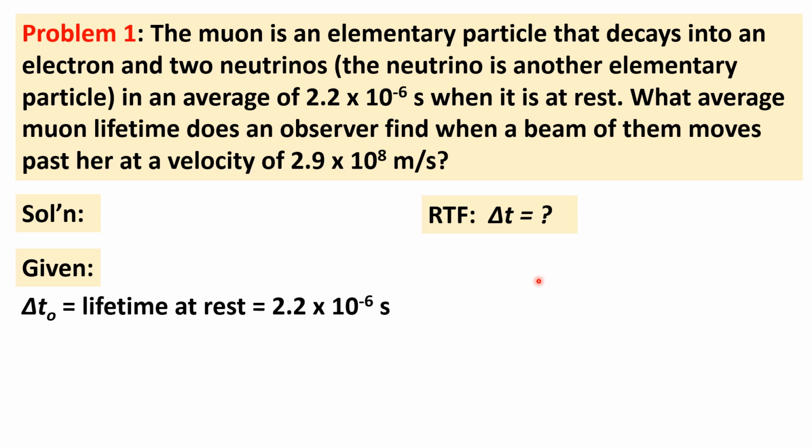We are required to find delta t, which is the time dilation. Also, we are given the average velocity of the muon particle, which is u equal to 2.9 times 10 to the 8 meters per second.